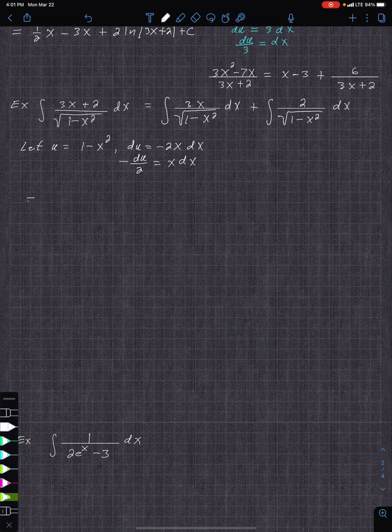So I make that substitution, and I get the 3 over 2, oh, and this negative, let's put a negative in front. And inside then will just be 1 over square root of u du.